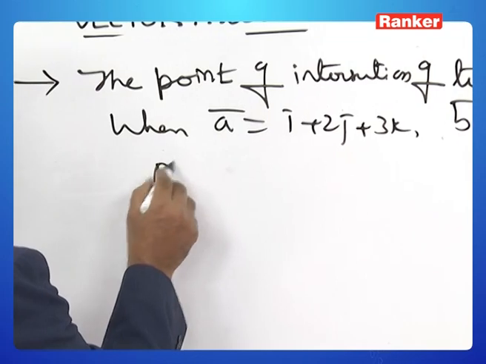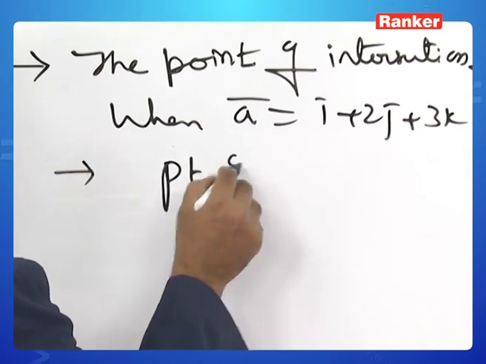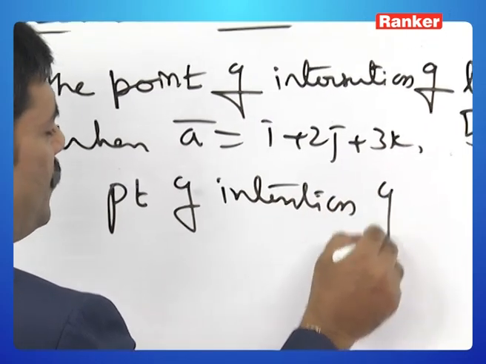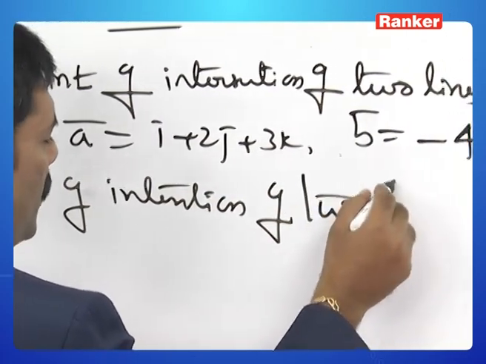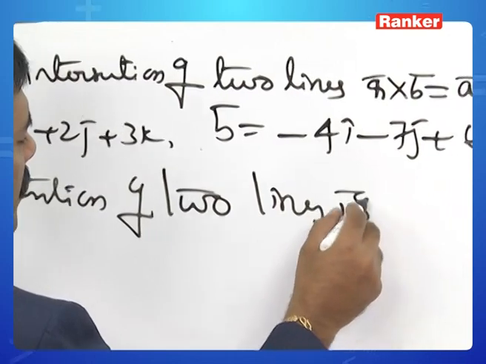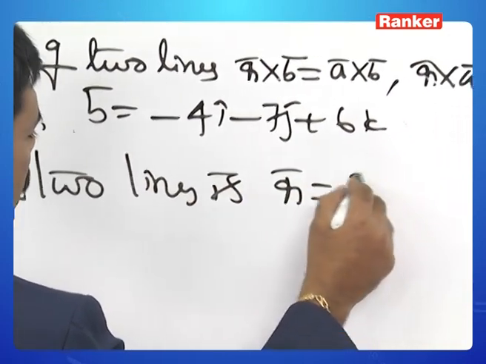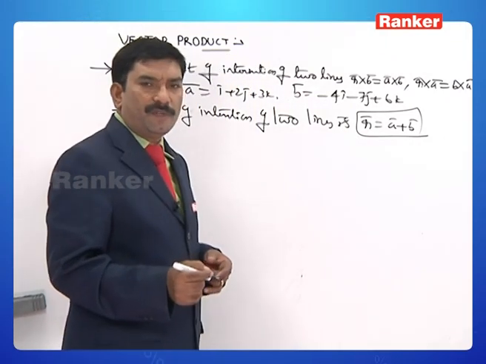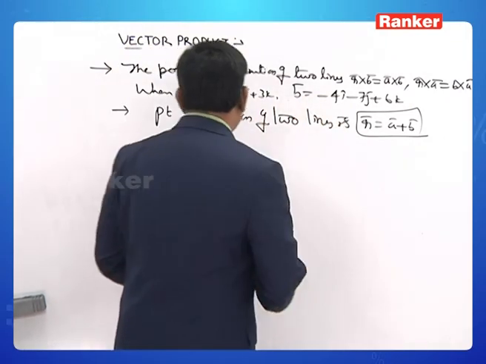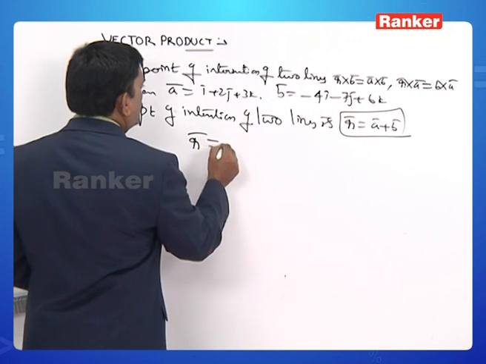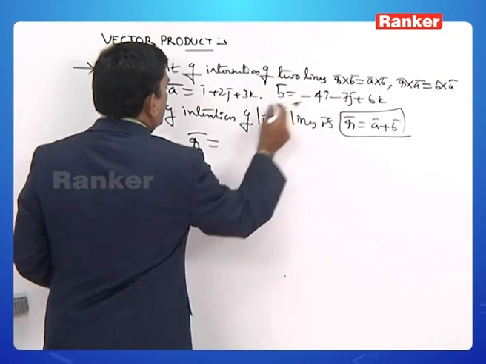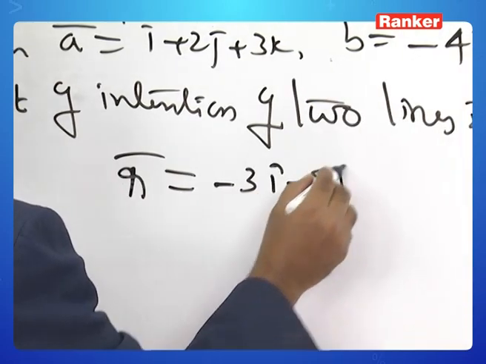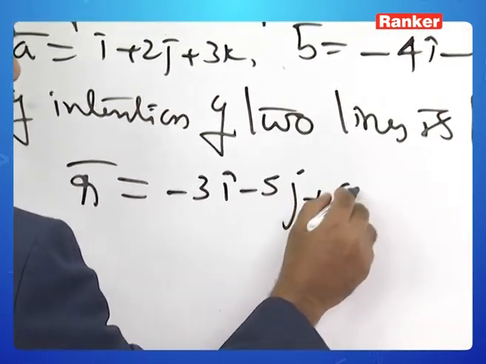I can write the point of intersection of two lines is R bar equals A bar plus B bar. Just add the two vectors. You get R bar equals i minus 4i, that is minus 3i, 2j minus 7j, that is minus 5j, and 3k plus 6k, that is 9k.